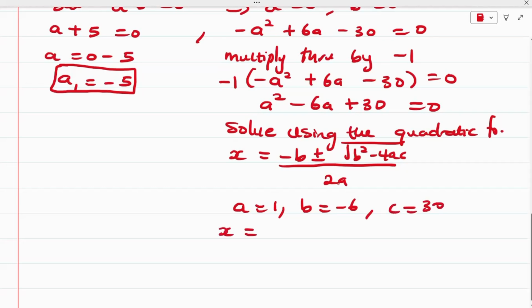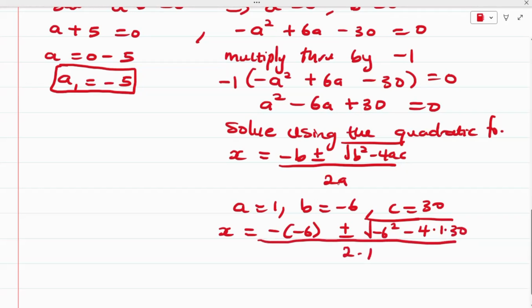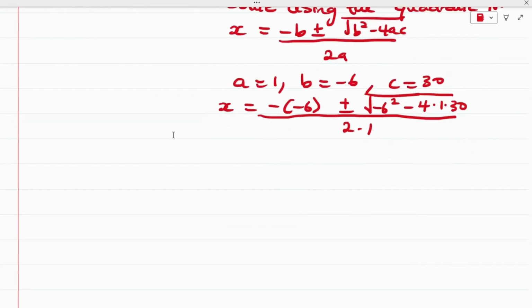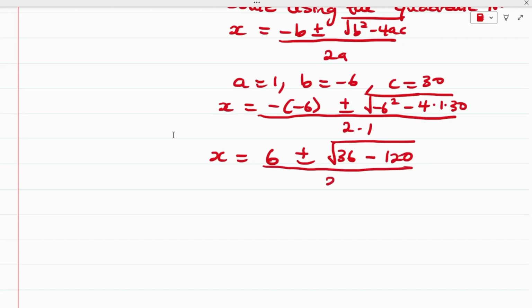So x is equals to minus into -6 plus minus the square root of b squared, which is -6 squared, minus 4 multiply 1 multiply 30 all into 2 multiply 1. So from here we have that x is equals to minus times minus is plus, so we have 6 plus minus the square root of -6 squared is 36 minus 4 multiply 1 multiply 30 is going to give us 120 all into 2 multiply 1 is 2.